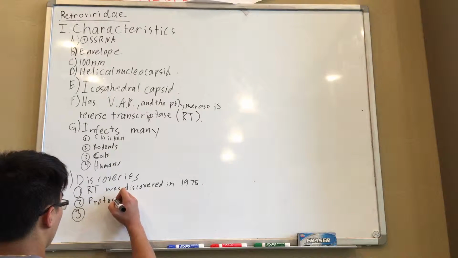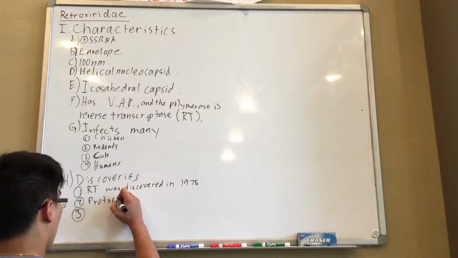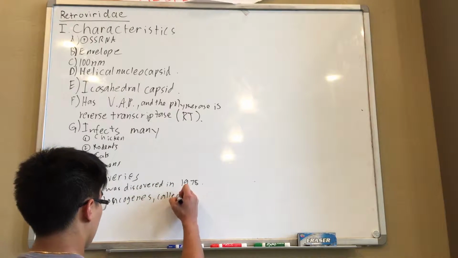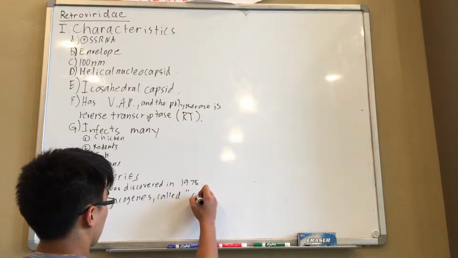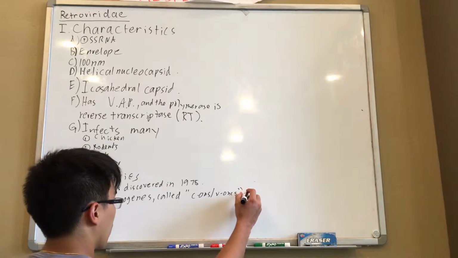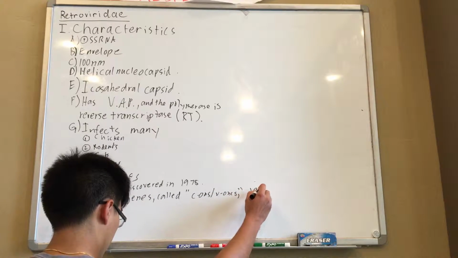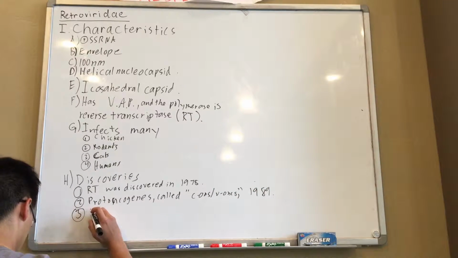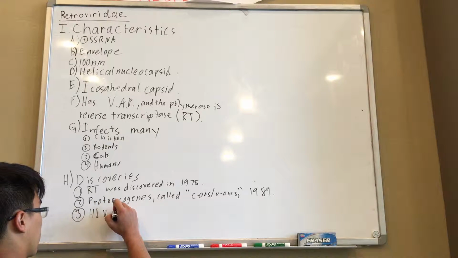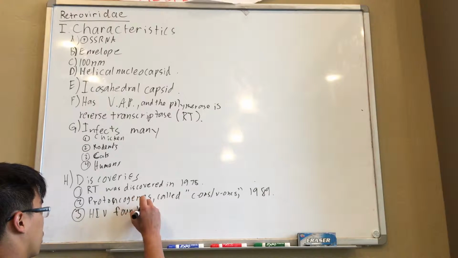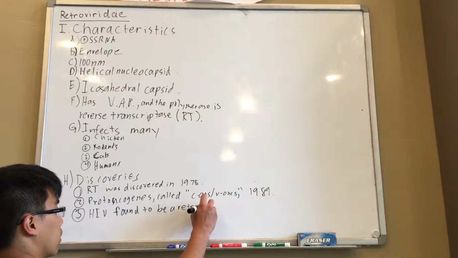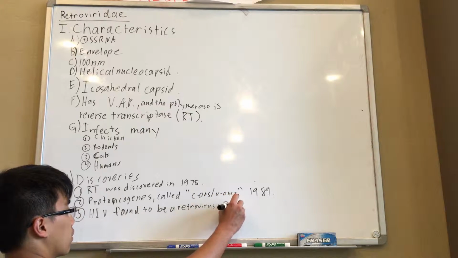Proto-oncogenes, which are also called C-oncs or V-oncs, were discovered in 1989, and HIV was found to be a retrovirus in 2008.